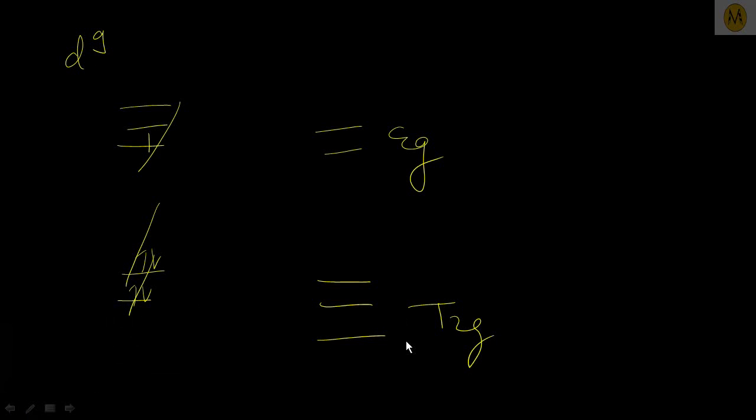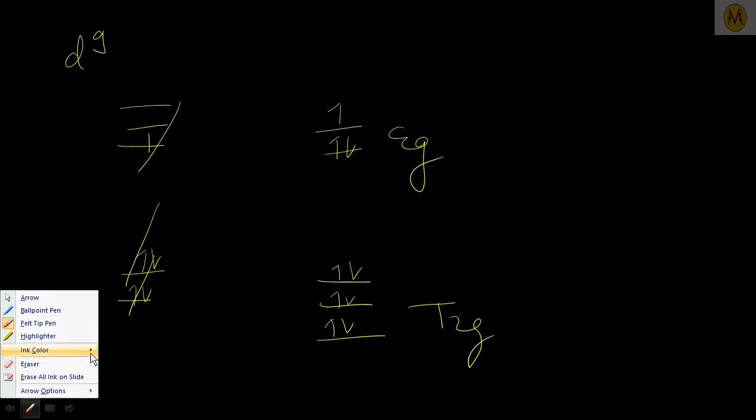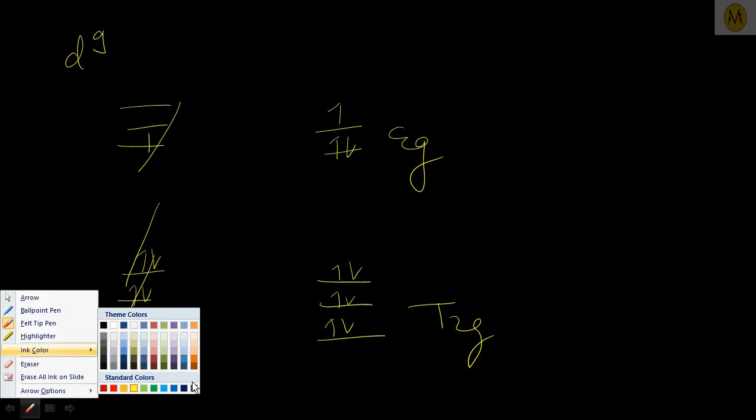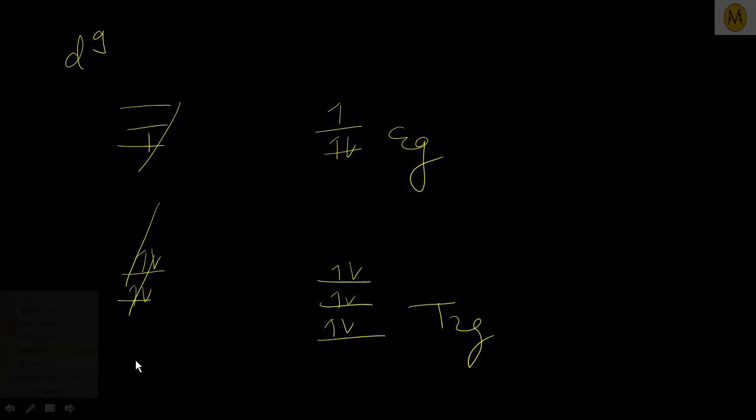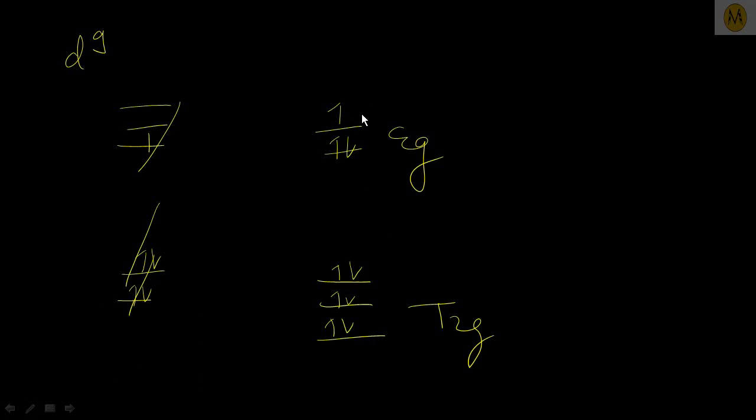I'll just put 9 electrons. These are the 9 electrons. Now what you need to think about is, this space is empty. This is called a hole.